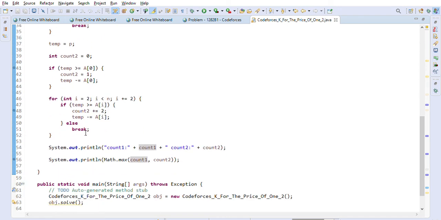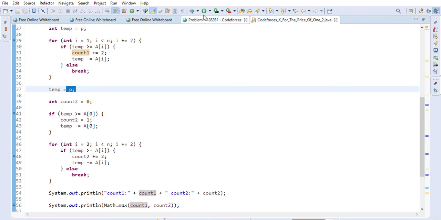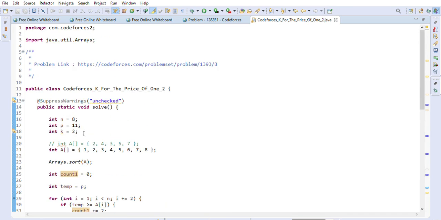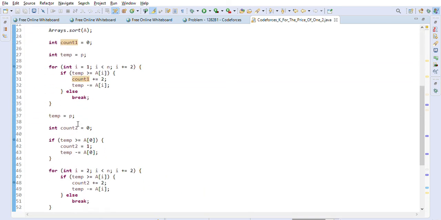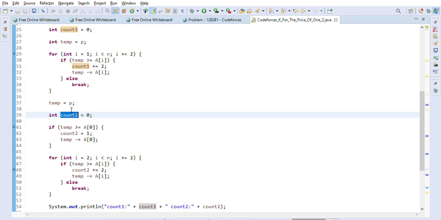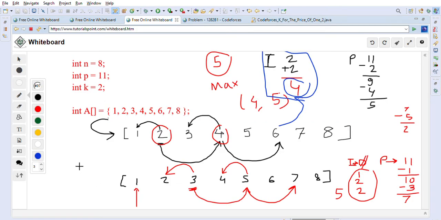Now for the second choice, we will again initialize the temp to our initial value of p, which is 11, right? P is 11, so we are reinitializing it to 11 here, and after that we are creating the count2 variable for our second choice. Now this second choice that we did, and this 5 is the count2 variable that we will be looking at, right?